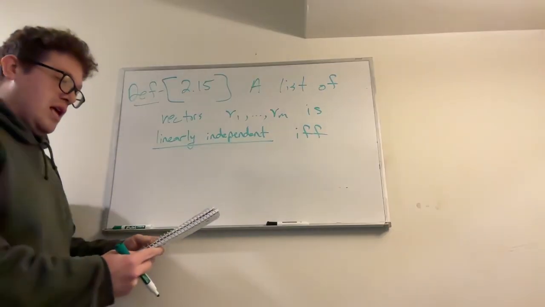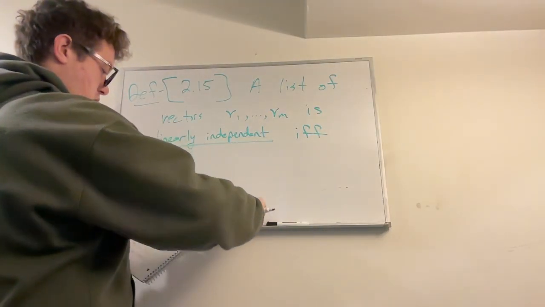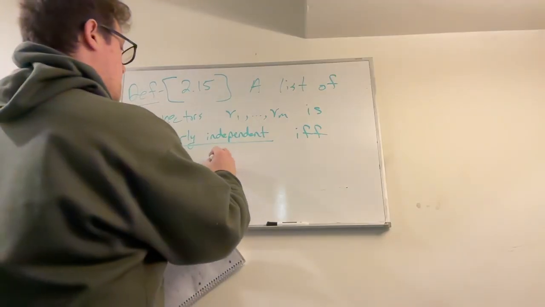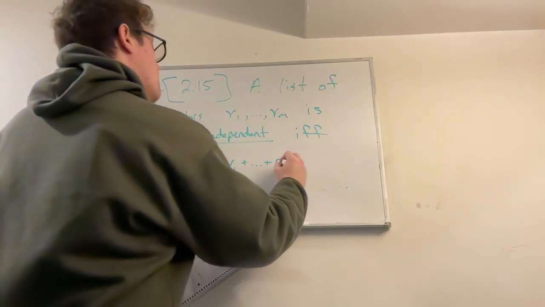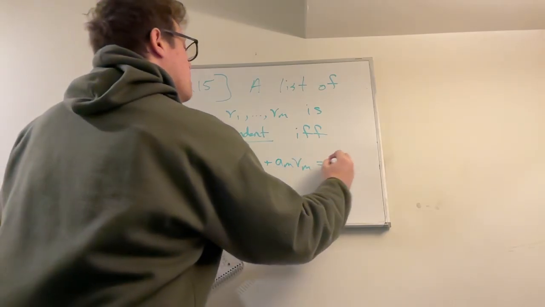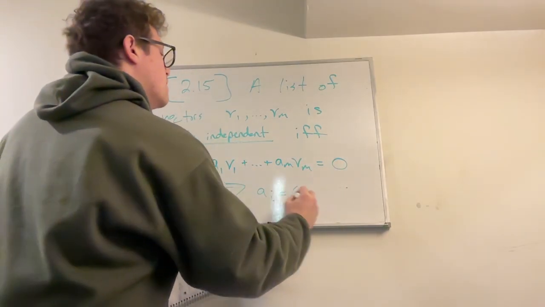So if and only if a1 v1 plus ... plus am vm equals 0 implies that all the a_i are equal to 0.